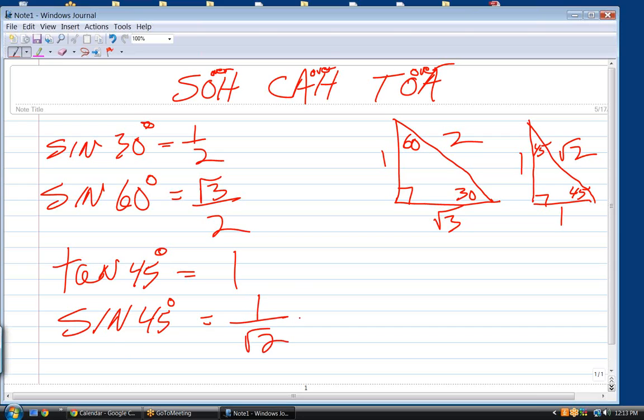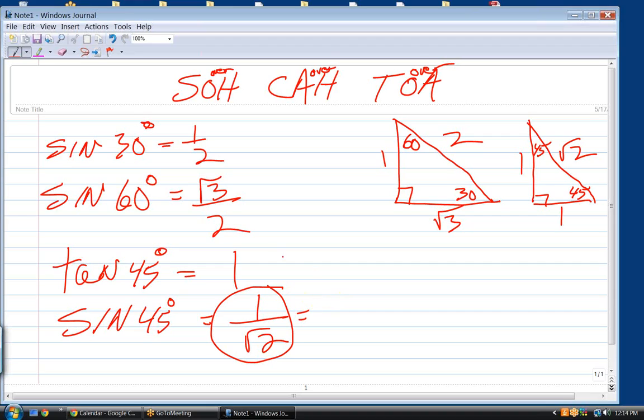And then rationalize that for me. In other words, you don't ever want to have an irrational number in your denominator. It's not like dividing by 0. This is still the same number as I'm going to get after I rationalize it. It's just they don't like answers with an irrational number in the denominator.